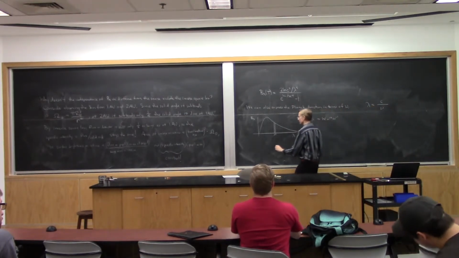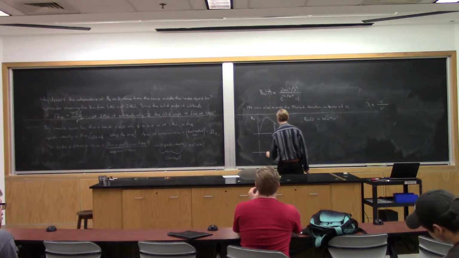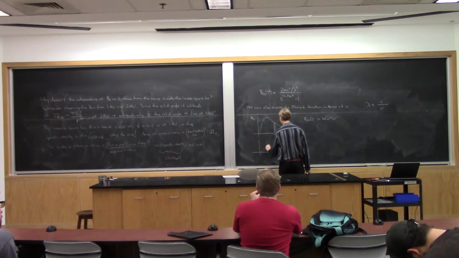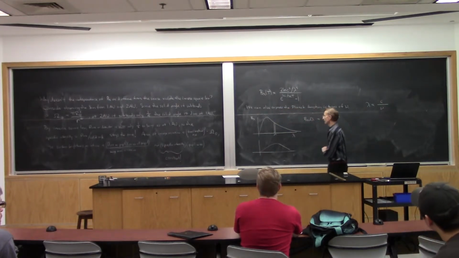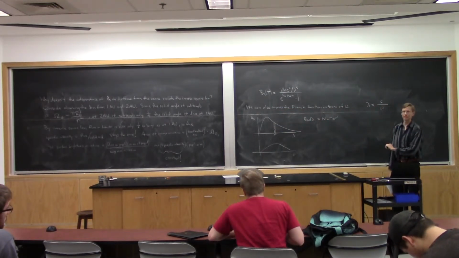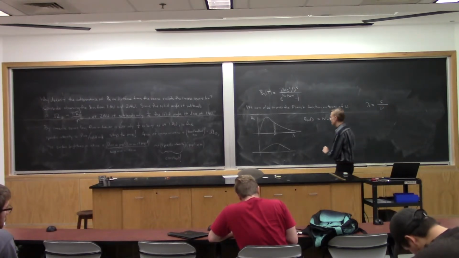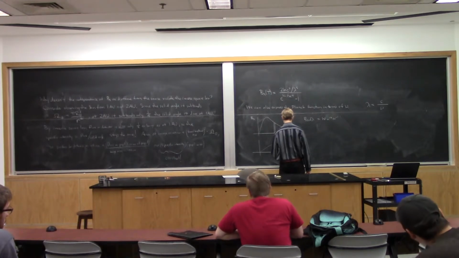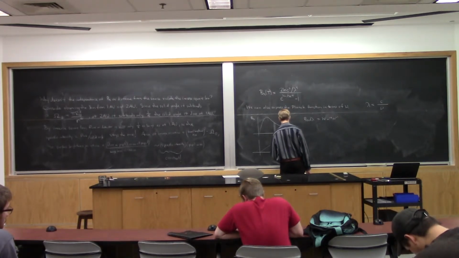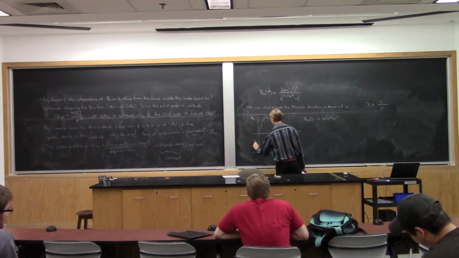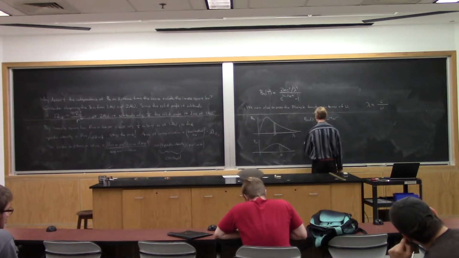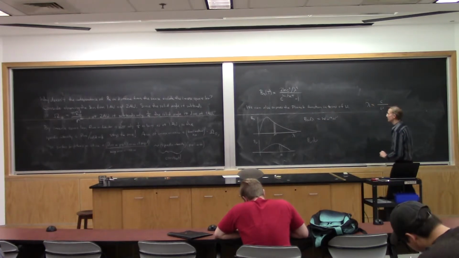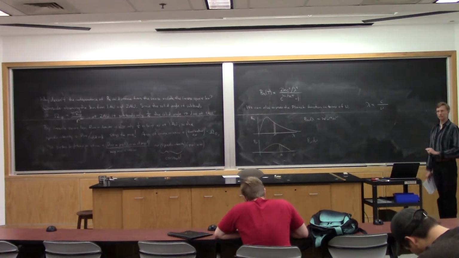If I did it in terms of B nu, so who knows what B nu looks like? So let's just make some kind of thing to be B nu. Then B nu d nu should also be watts per square meter per steradian.